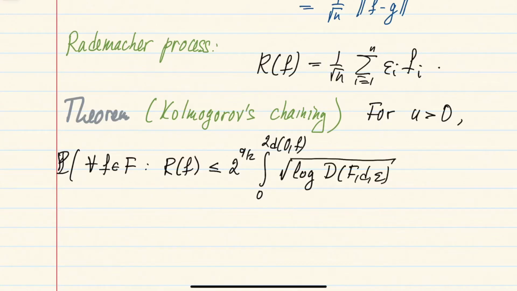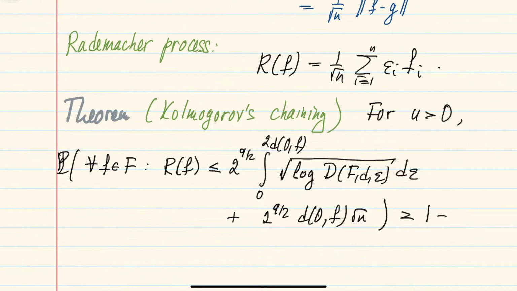And here we view the packing number as a function of epsilon, and then integrate this square root with respect to epsilon. Plus there will be a second term, with the same constant, times the distance between 0 and f times square root of u, and this holds with probability at least 1 minus e to the minus u.